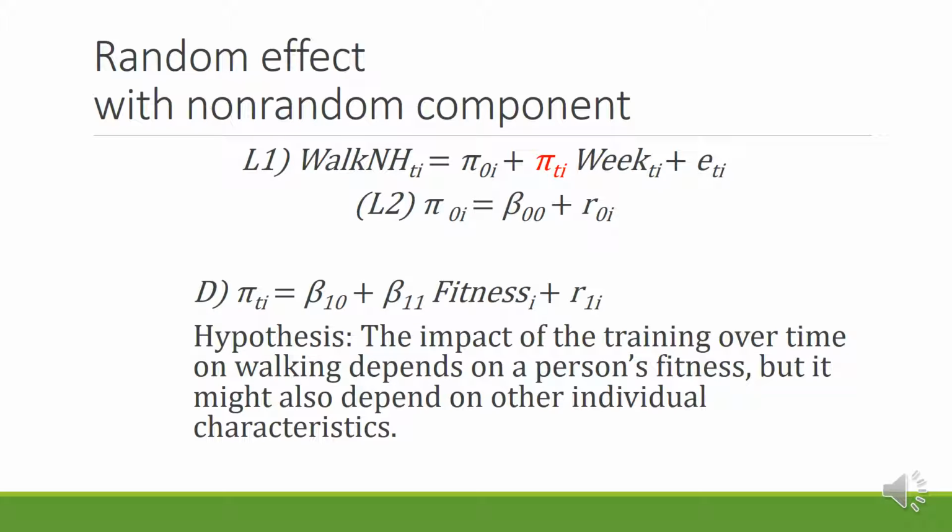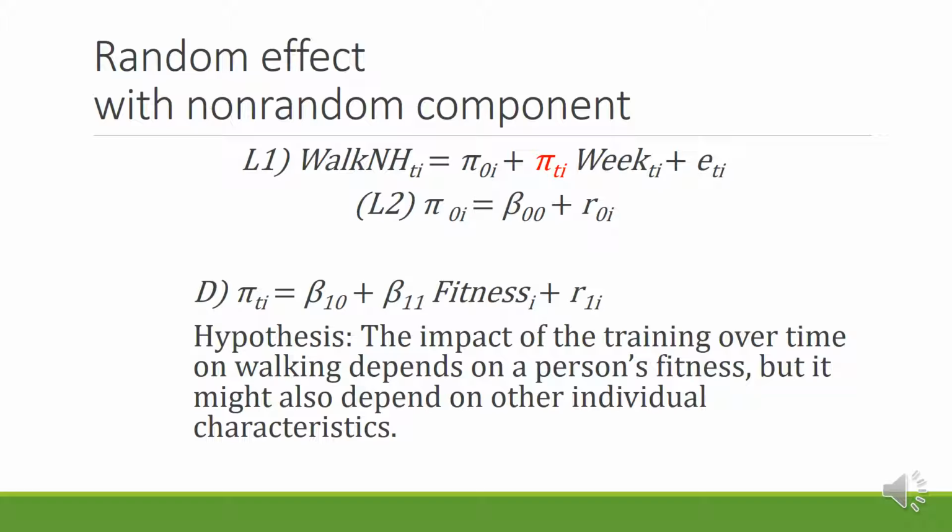So model D is the one again that we did in class, and that's the traditional way of modeling a moderator of change over time. So we have a random effect with a non-random component, and this is, again, a standard way of modeling moderators of change over time. In our case here, again, it's fitness.